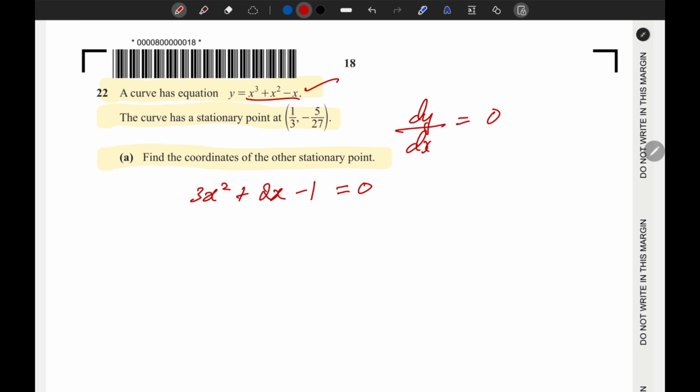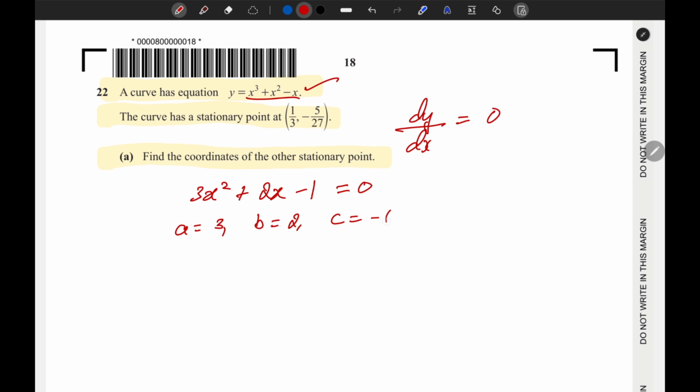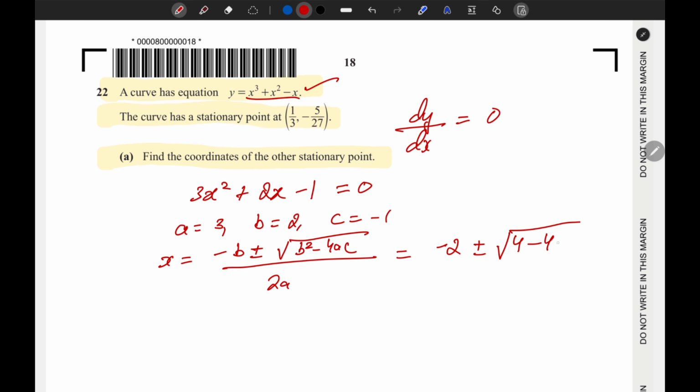Now you have to solve this by using the quadratic formula, in which a is 3, b is 2 and c is minus 1. So x is minus b plus minus the square root of b squared minus 4ac, all over 2a. Let's substitute the numbers. This is minus 2 plus minus the square root of 4 minus 4 times 3 times minus 1, upon 2a, which is 2 into 3, 6.